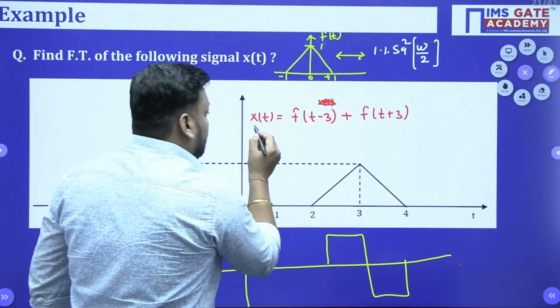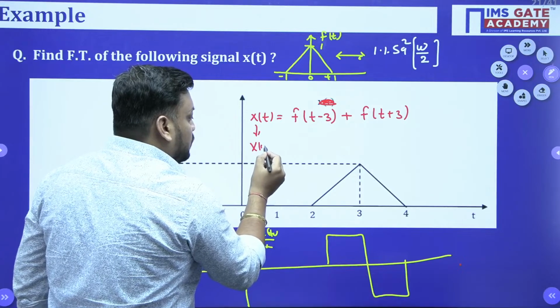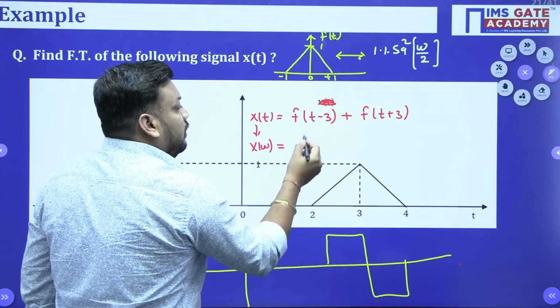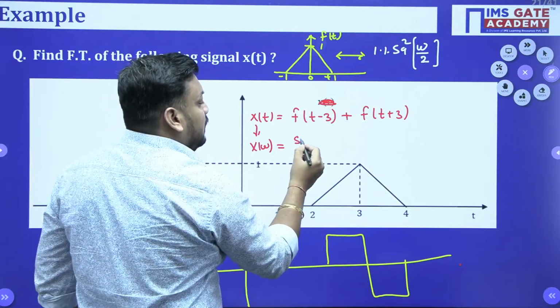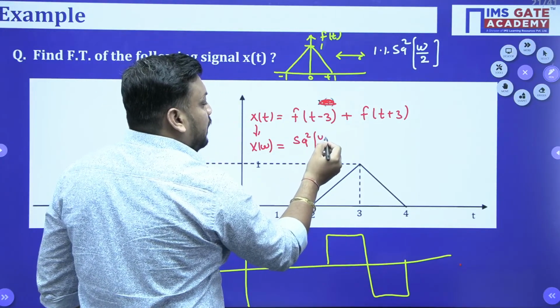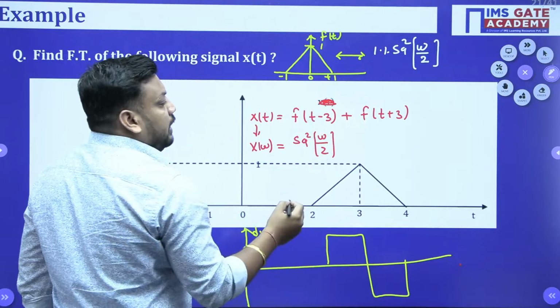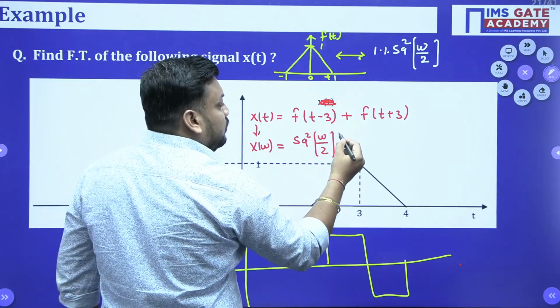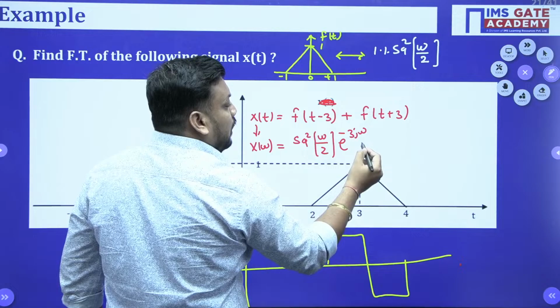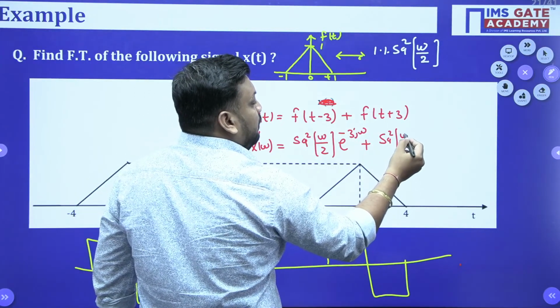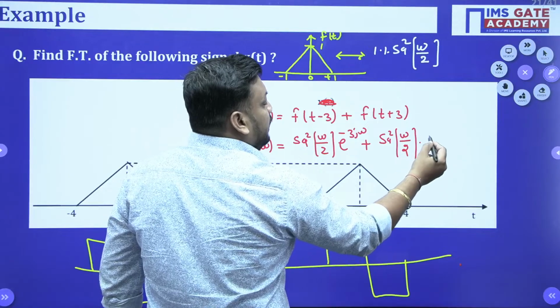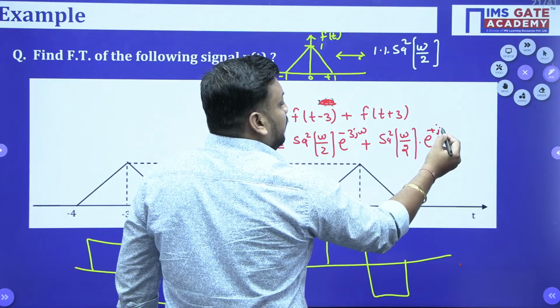Ultimately, if I take the Fourier transform on both sides, I should write X(omega) equal to the transform of f(t-3). So what is F(omega)? F(omega) is Sa squared of omega by 2. And time shifting always carries the same sign, so e to the power minus 3j omega, plus f(t+3) again, Sa squared of omega by 2, and here you will get e to the power plus 3j omega.